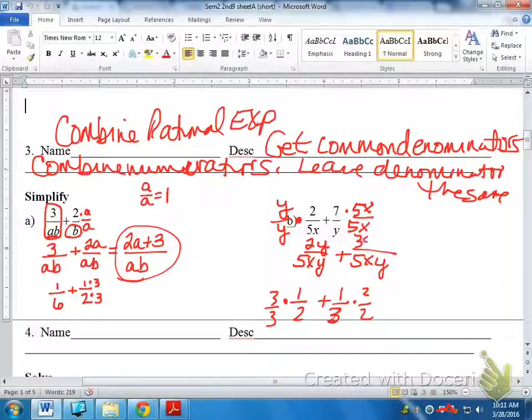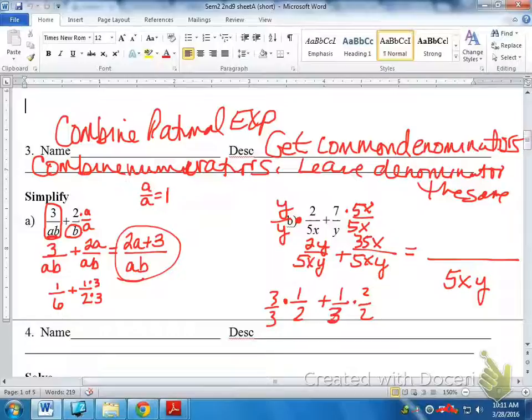So 35x. Now when I go to put these together, I want you guys to learn to do this the correct way, right off the bat, so we don't have to go back and fix you later. So the denominator is 5xy. What should the top technically be? Maddie? 2y. No. Oh, x is before y in the alphabet.